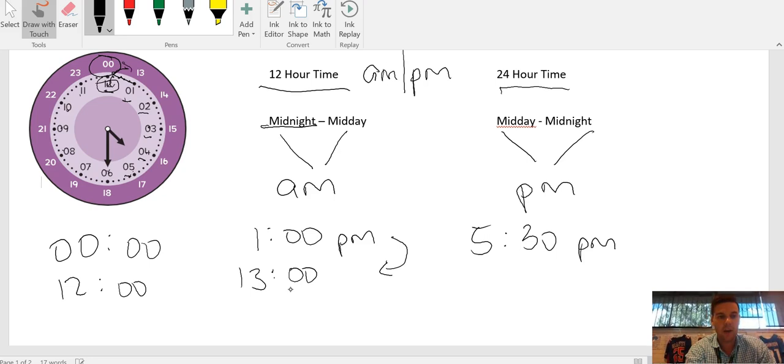Then we jump up here to 1 PM or 1300, 2 PM or 1400, 3 PM or 1500, 4 PM or 1600, 5 PM, which is 1700. So 5:30 PM would be 17, because it's the 17th hour of the day, 30.